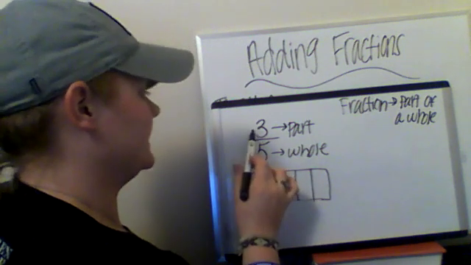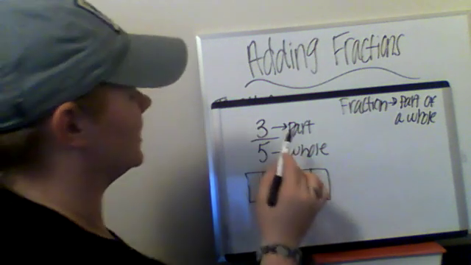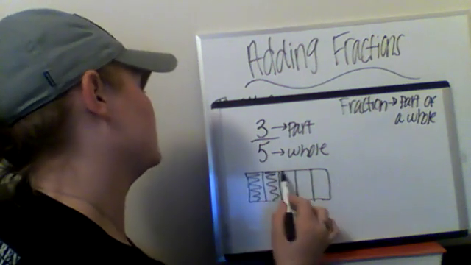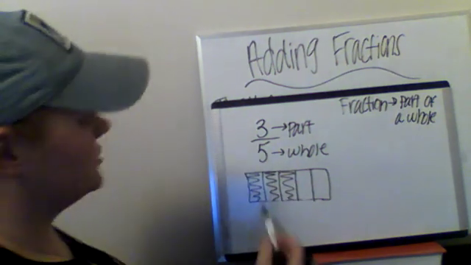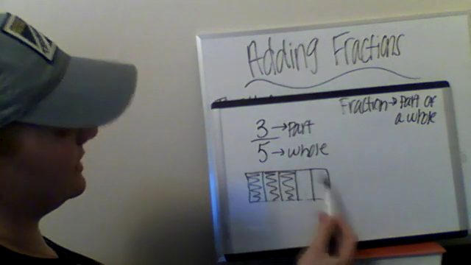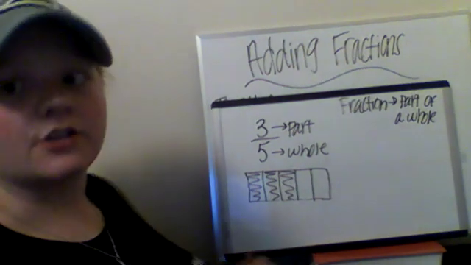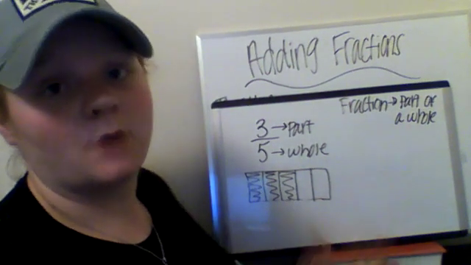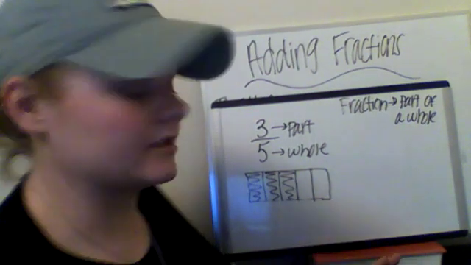Now I'm going to pay attention to this 3, which is my part, and what I do with that, I'm going to shade in 3 parts. So my picture represents 3/5. 3 pieces are shaded, and there's a total of 5. Okay, so that's what a fraction is. It just shows you what is being represented as part and what is being represented as the whole.